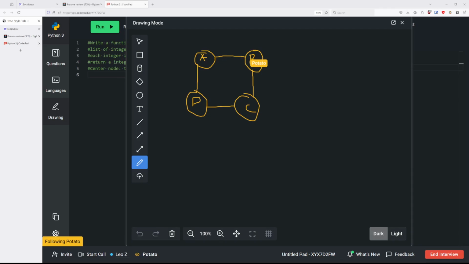This will be an undirected graph. Okay, got it.